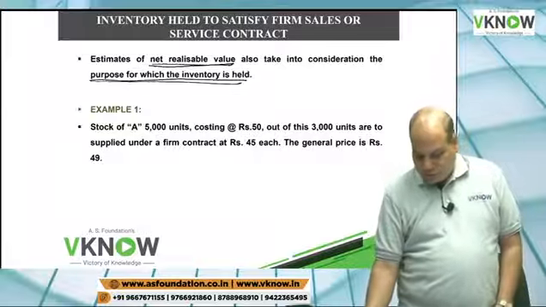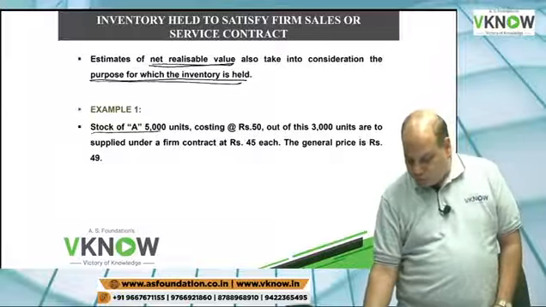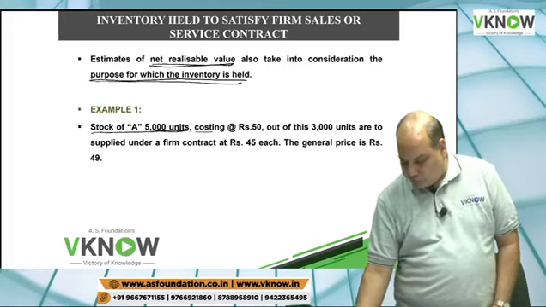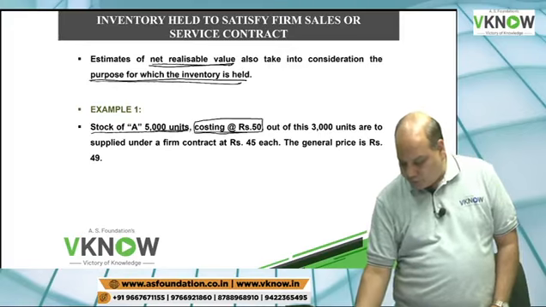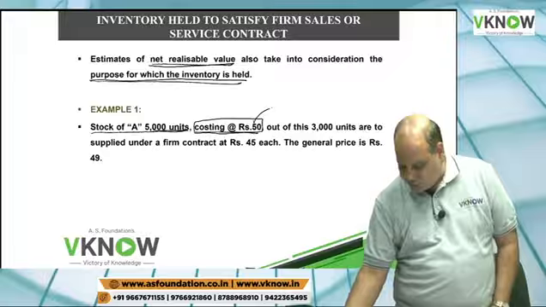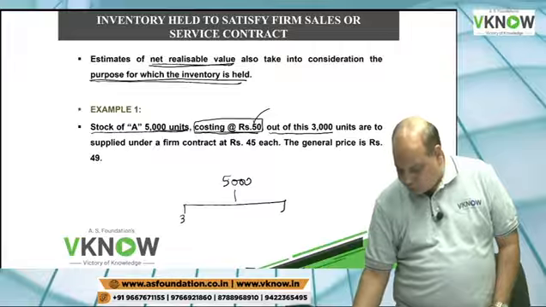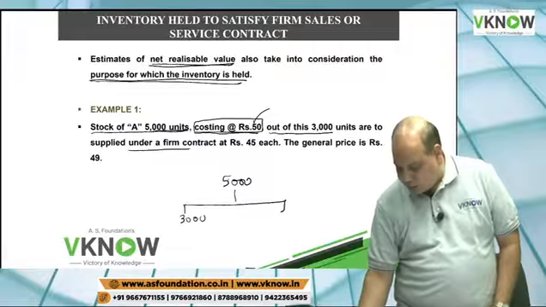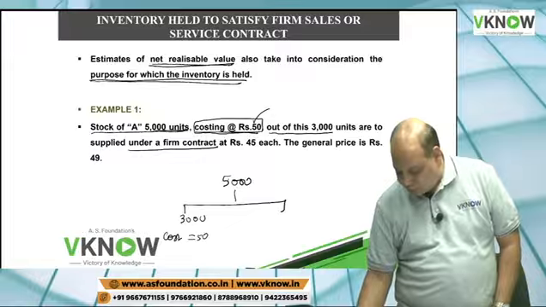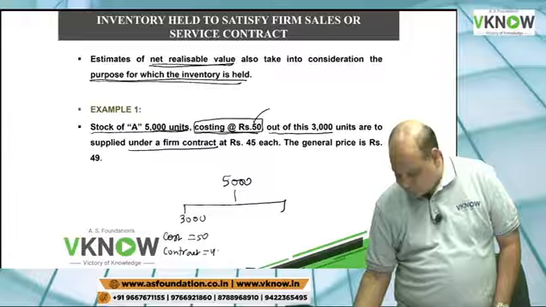The example is like this. Stock of A is 5000 units, cost is 50. This cannot change, this is fixed. Out of this, 3000 units are to be supplied under a firm contract. So here I will compare 50 with the contract price 45.